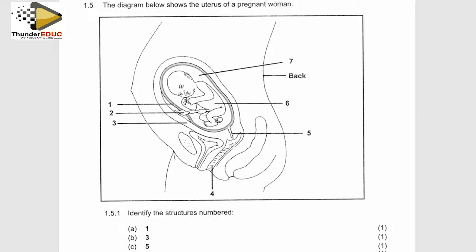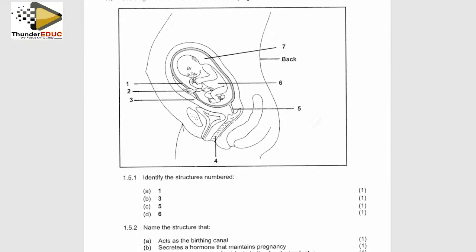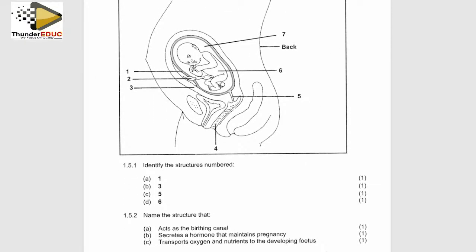Then we go to the next question. Here they're saying you have all these labels. Yes, they're saying identify the structure number D1. Number D1 looks to be the amniotic sac.